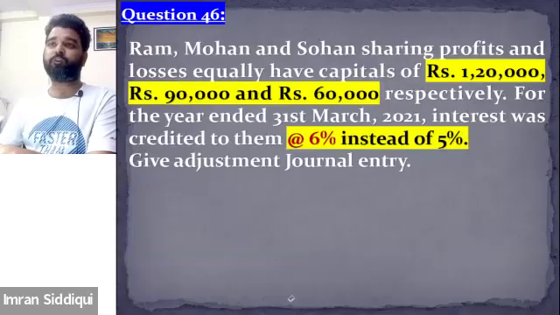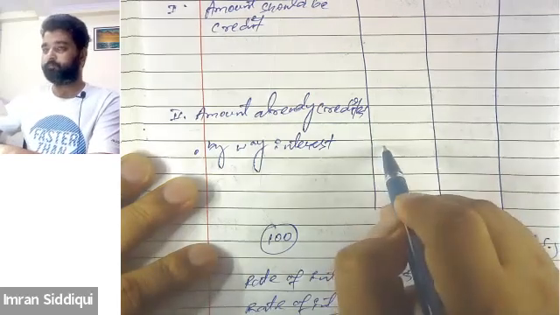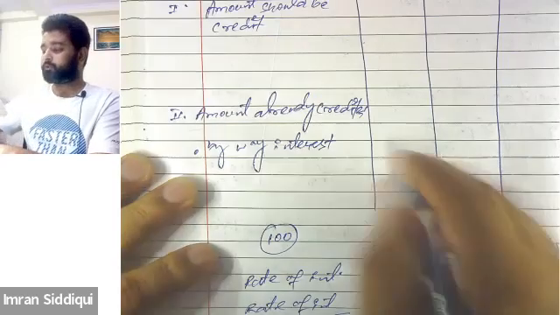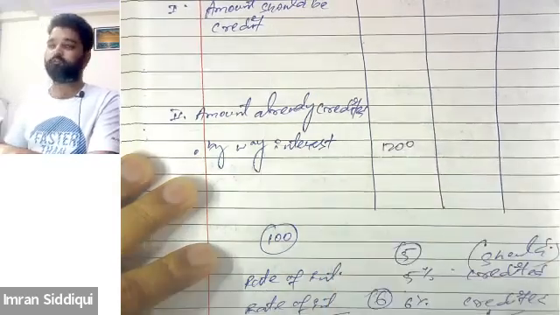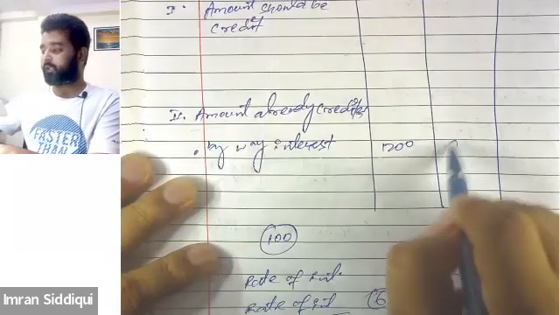So we will find 1% of their capital balances. 1% of 1,20,000 will be 1,200. 1% of 90,000 will be 900.